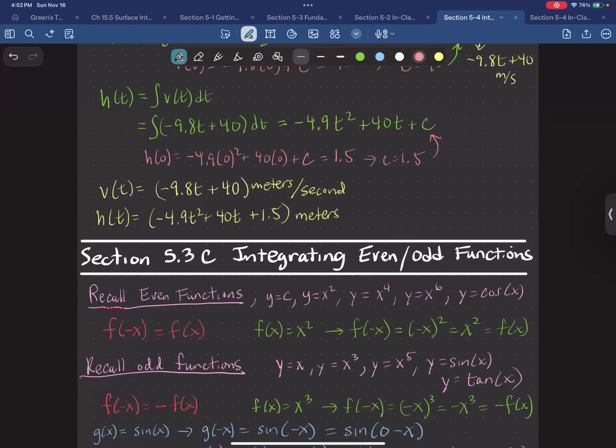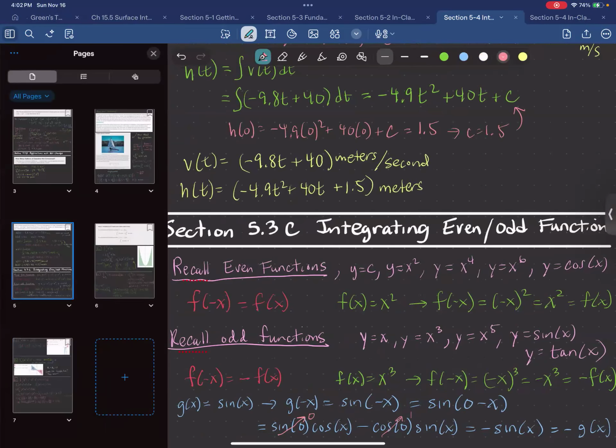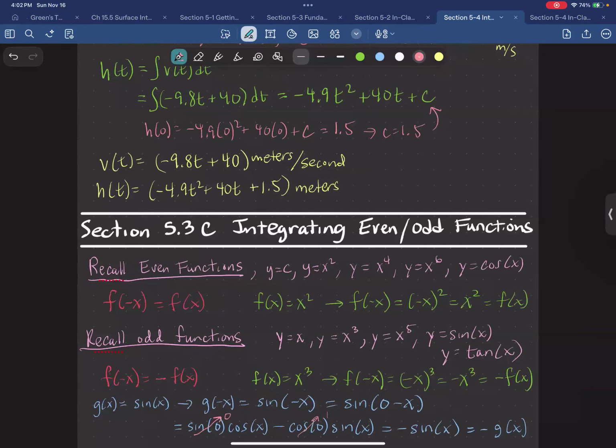You've done this. Sine of A, cosine of B, minus cosine of A, sine of B. Sine of 0 is 0. Cosine of 0 is 1. And we just end up with negative sine x, and negative sine x is negative of the g of x.